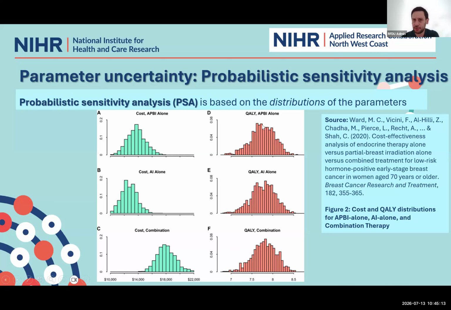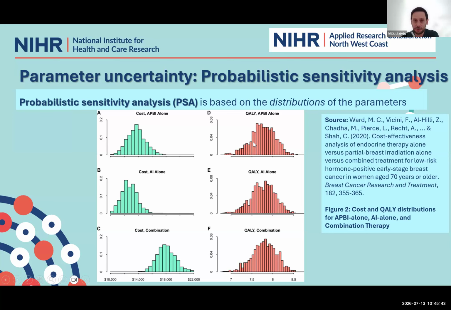Similarly for the QALYs, you might have an average QALY for the average patient somewhere in the middle, but you can see there are a lot of high bars here which reflect different values of plausible QALYs which we might observe in our patient population. So it's important to take that into account as well. And this is what we do with a probabilistic sensitivity analysis. We try, in a way, to assign a likelihood value to a specific QALY or cost value.